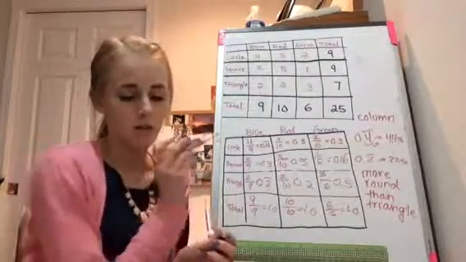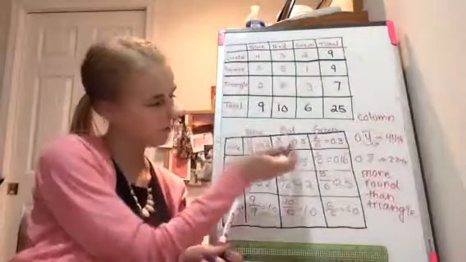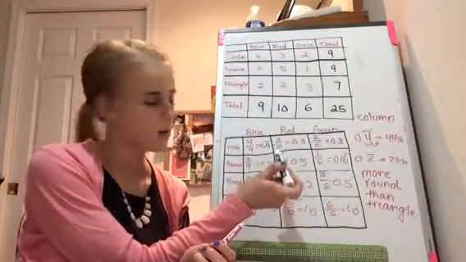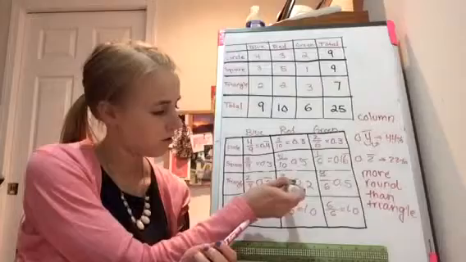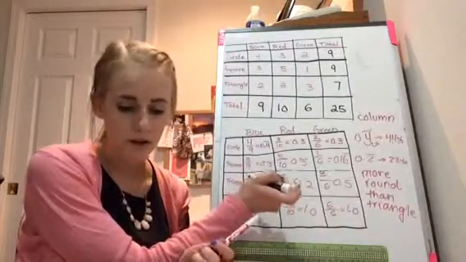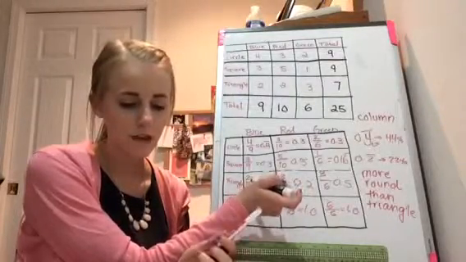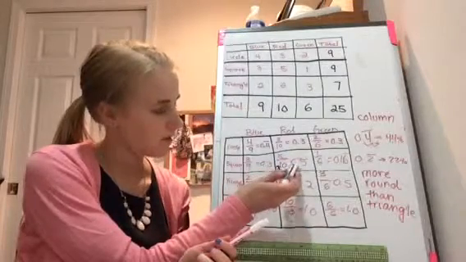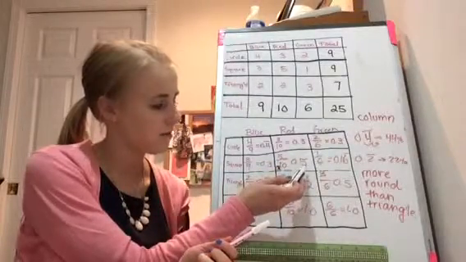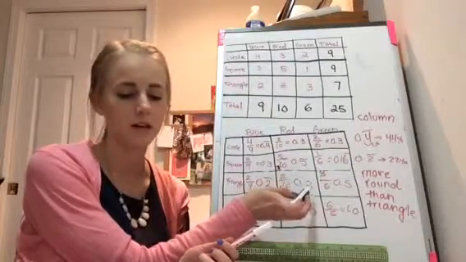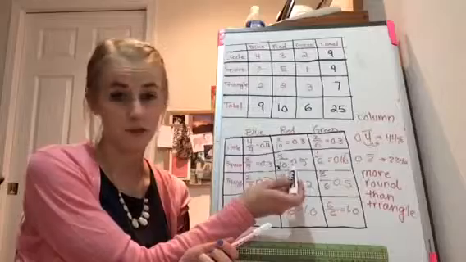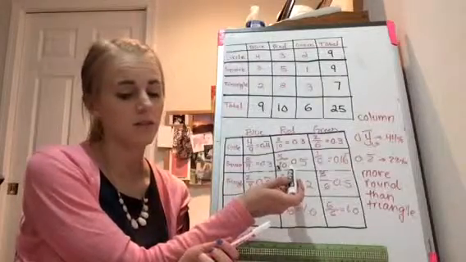Those who favored red, are they more likely to prefer a triangle over a square one? And we would look and say, well, here's the square. This is going to be 50% and this is 20%. So we'd say, no, more actually prefer the square, not the triangle.